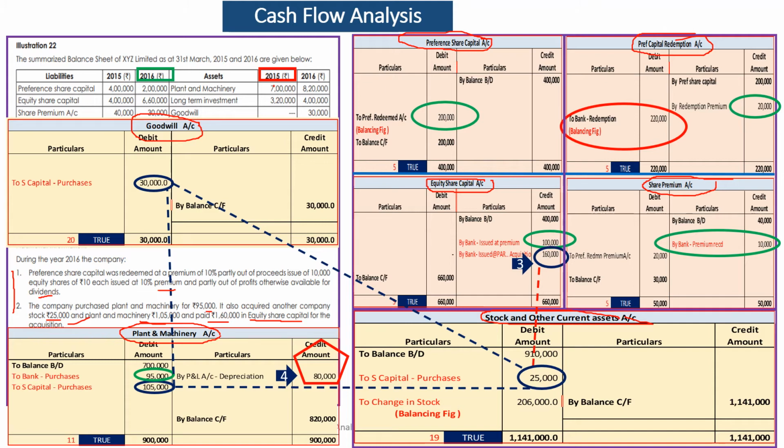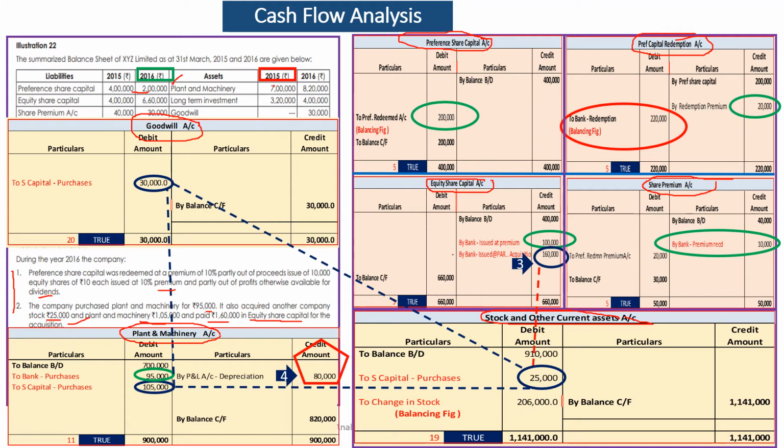We know preference share capital has gone down by 2 lakhs. If I pass an entry based on this, I'm ignorant that I have paid a premium on that redemption. For that purpose I need to have it properly put in one place, not to have memory used for that purpose. Second, equity share capital is growing by 2,60,000, from 4 lakhs to 2 lakhs.